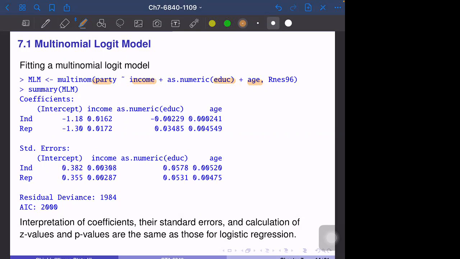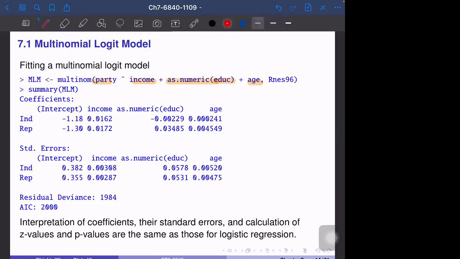Just for demonstration purposes we make it numeric. It still makes sense because education is ordered from middle school graduate to graduate school. So we have 7 ordered levels, and we just make it numeric, 1 to 7.